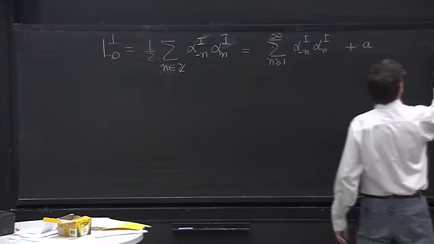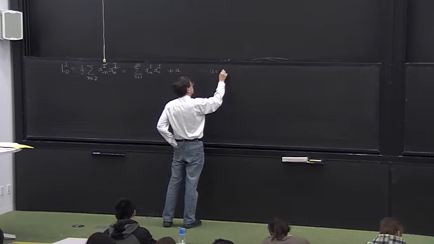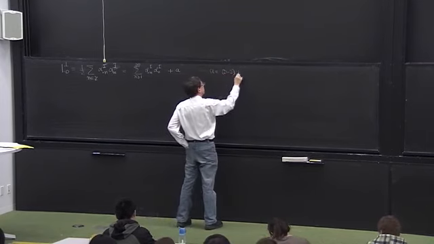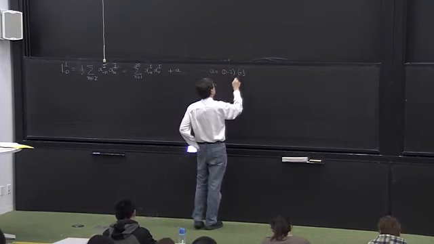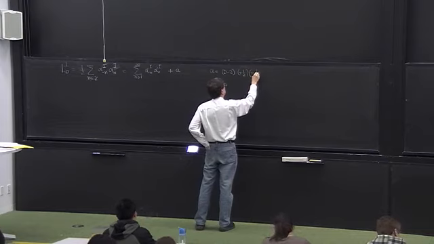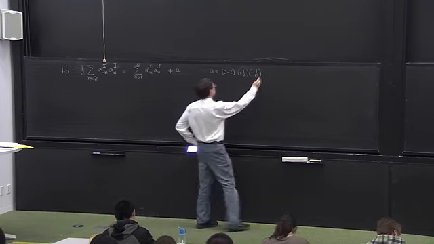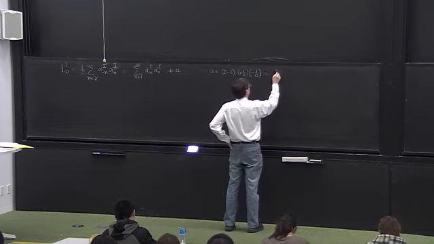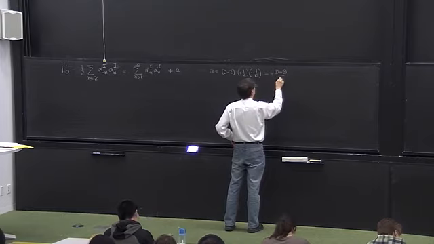That a came out to be proportional to d minus 2. There was a plus 1/2 in front, and then minus 1/12. So actually, it came out to be minus (d minus 2) over 24.